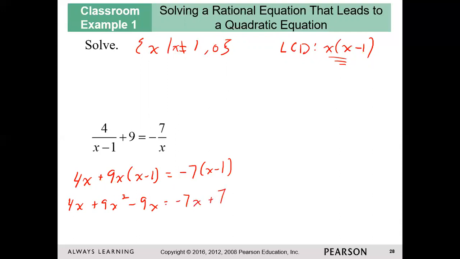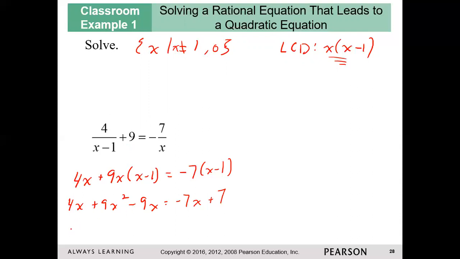And now that I have this quadratic term, we probably want to move everything to just one side of the equation, since most of the strategies that we have deal with our quadratic equal to 0. Whether we're factoring or we're using the quadratic formula, we want to make sure that our equation is equal to 0.